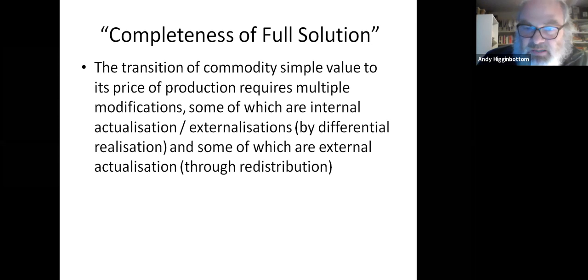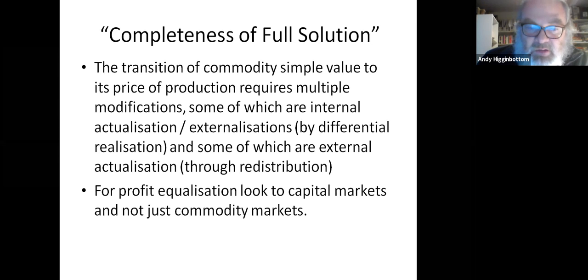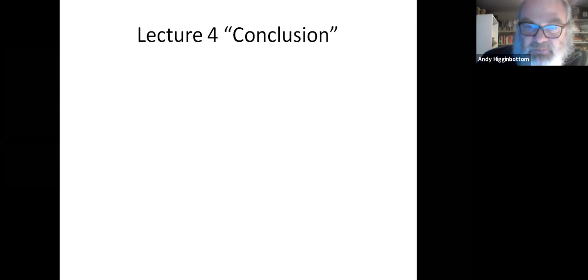I'll explain that in a minute, and come back to that as we go through. In order to understand this, there's a big shift in focus away from commodity markets to capital markets, the way capital relates to itself, in a sense, how the total social capital moves in and out of individual capitals, at the level of movement of money from one sector or one capital to another.